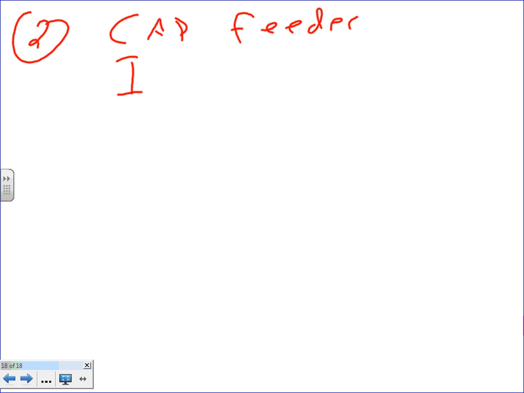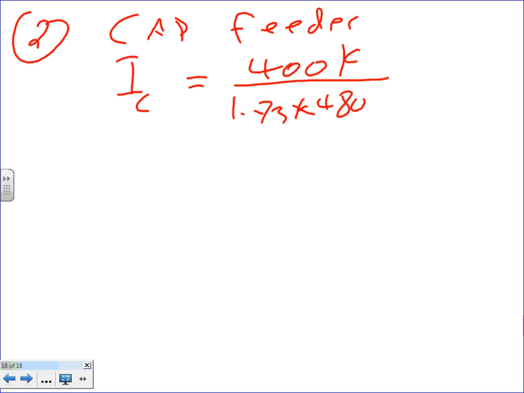All right, so number two is the capacitor feeder. The feeder that's going to feed the capacitor, guys, right? You need to tie that capacitor. So the current of the capacitor equals 400 kVAR divided by 1.73 times 480. When we size conductors, guys, we size them based on current.